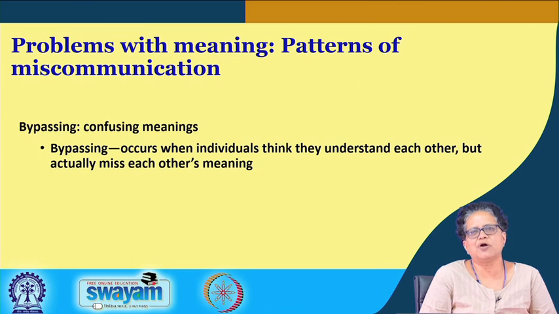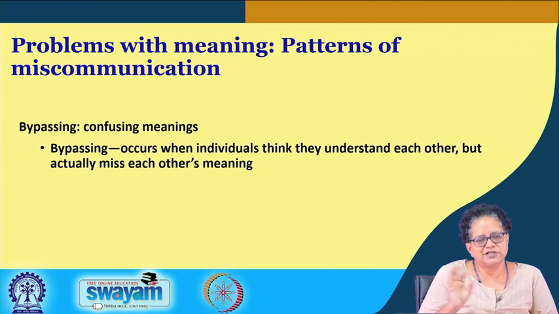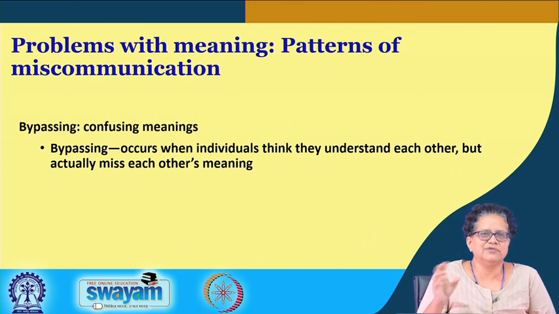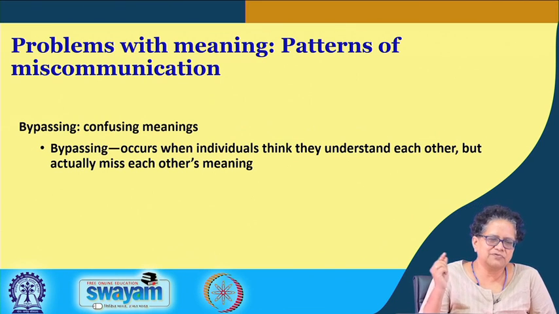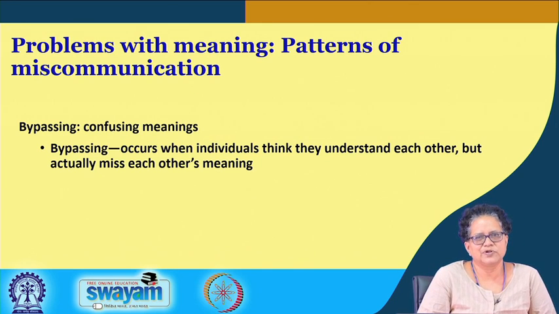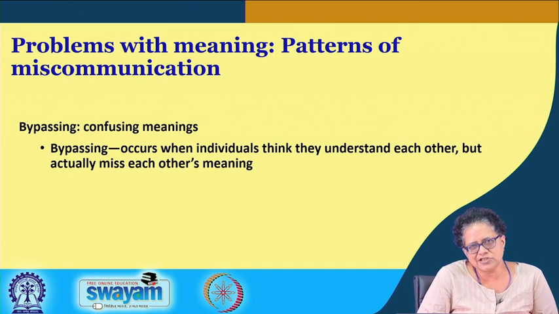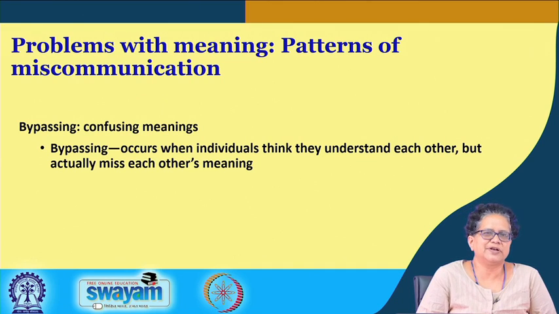Even if you pick up any common dictionary and flick any page and look at any word, you will have at least 2, 3 or 4 meanings. One may be the verb form, one may be the noun form, one may be the word used as an adjective, the same word with the same spelling. So, research has proved that words may have as many as 20 meanings, and therefore, there is bound to be miscommunication.